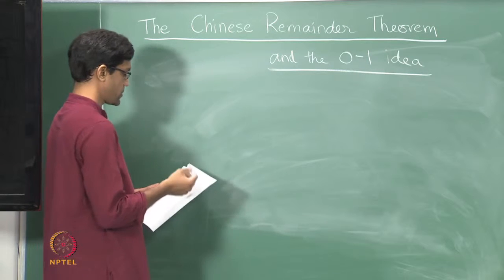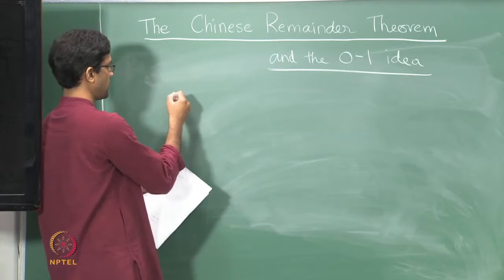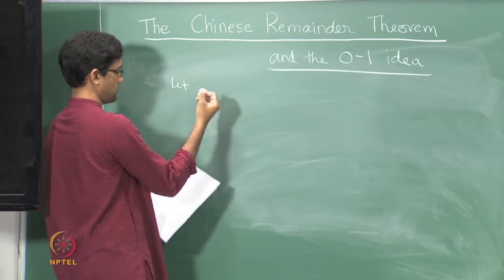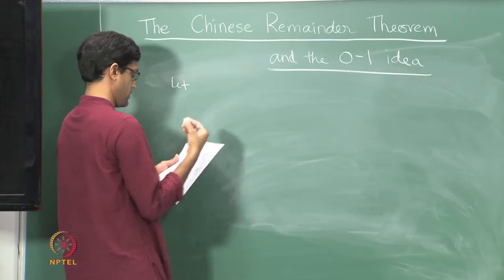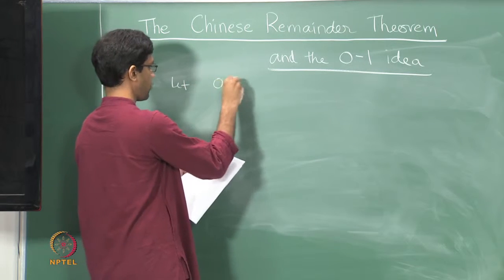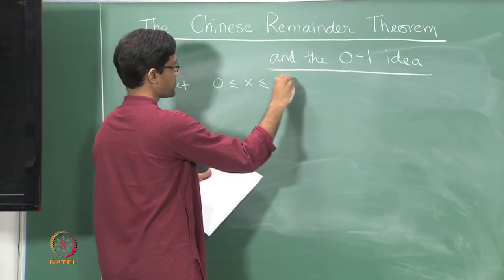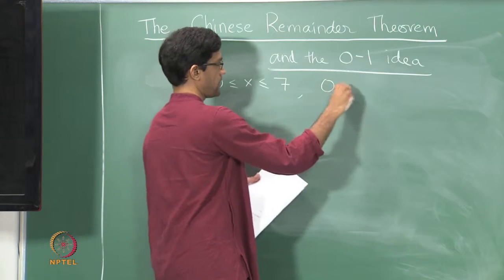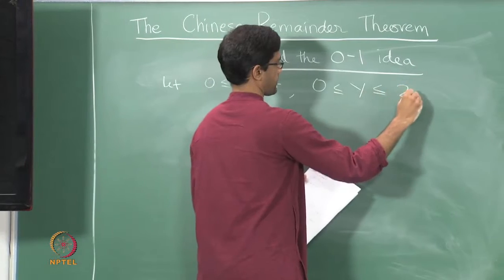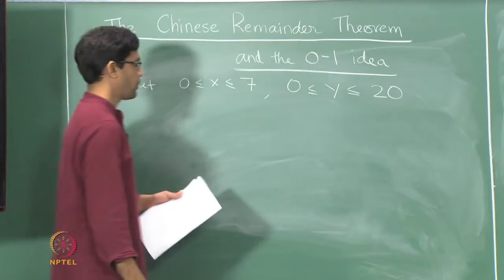So here's the same question as last time, except I'm going to do it a little more generally. Let x be any number between 0 and 7 and y be any number between 0 and 20.